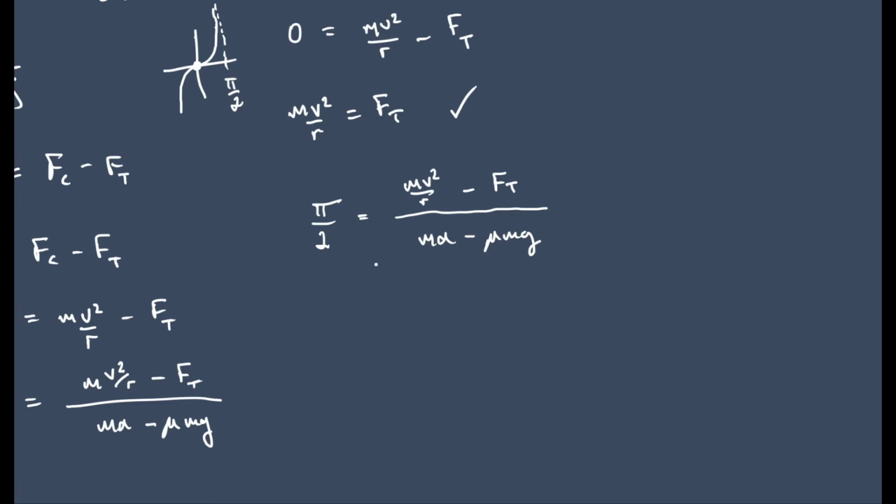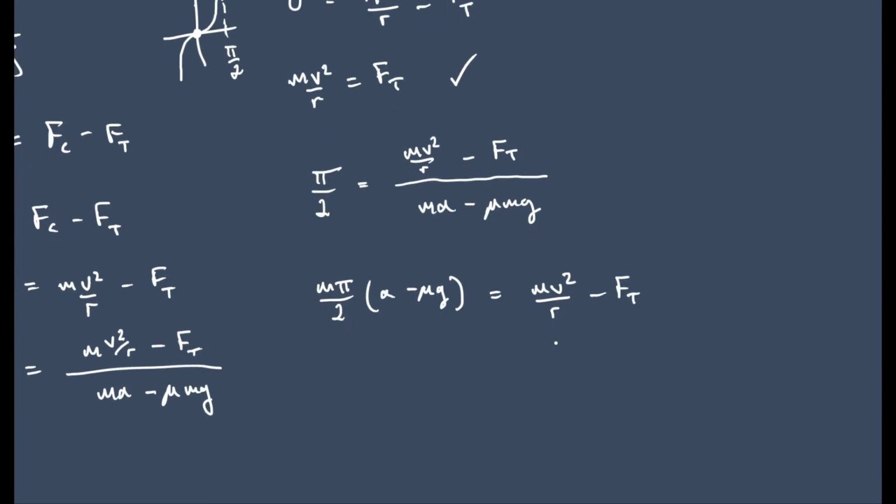If we were to multiply both sides by this, and then factor a mass term out, what we get is m pi over 2 times a minus mu g. So we multiplied both sides by this, then we factored an m out, and that equals just this side right here, m v squared over r minus ft.